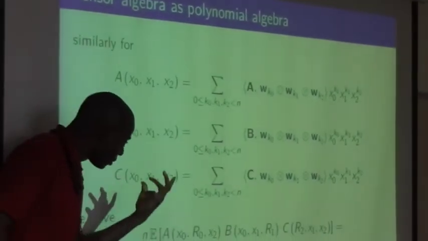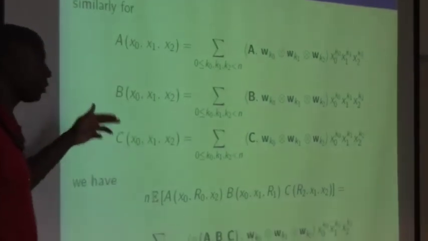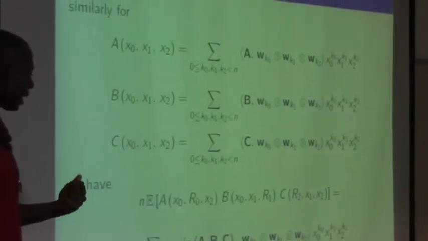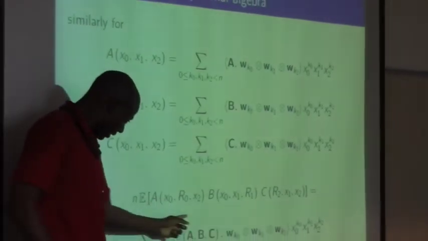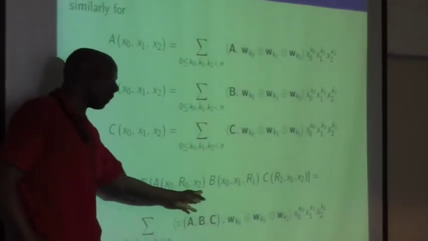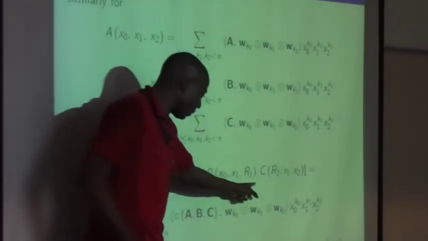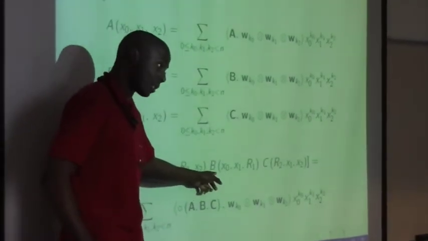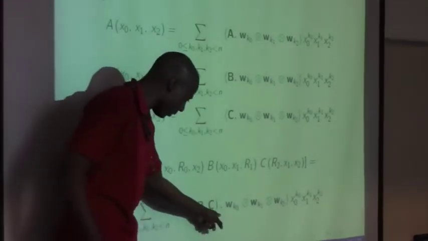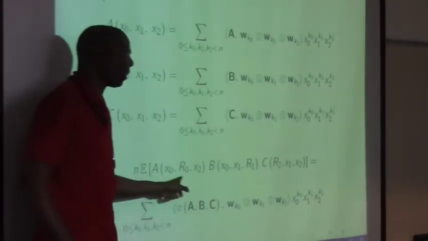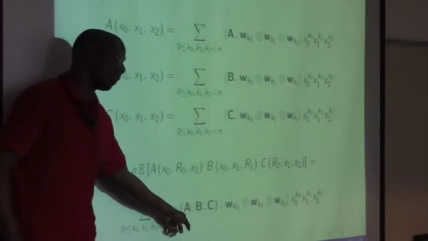If you have two random variables, you do the correlation, you're doing matrix multiplication. However, if you look at three random variables, where this one is the first one, and it's a polynomial now in three variables. This one is a polynomial in three variables as well. If you correlate these using expectation, you get now this new product, which we're going to call the ternary tensor product.